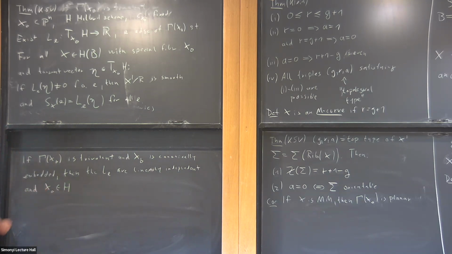And the point of the Hilbert scheme corresponding to X naught is a smooth point of the Hilbert scheme.